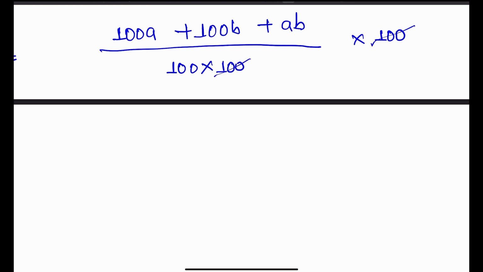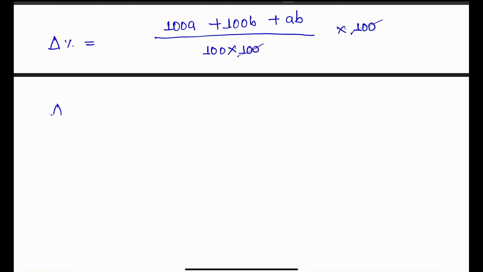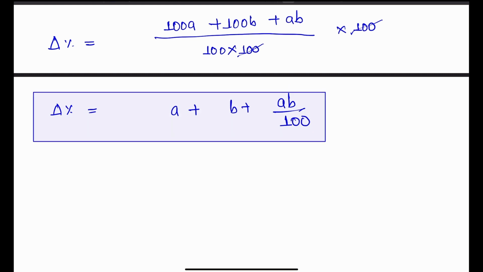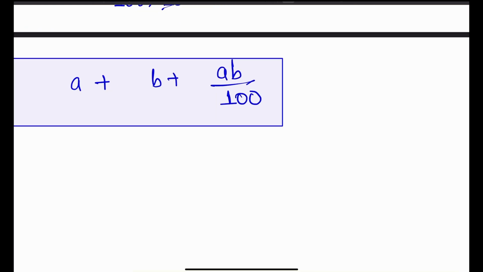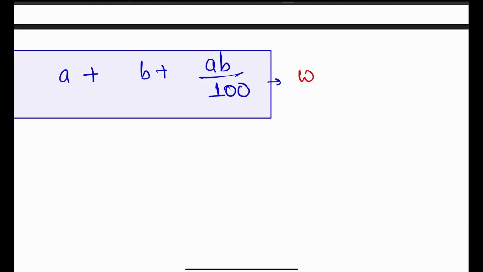So this 100 will cancel this 100, and I can write the percentage change as a plus b plus ab by 100.